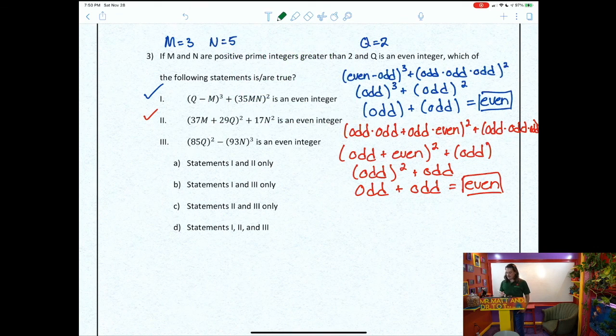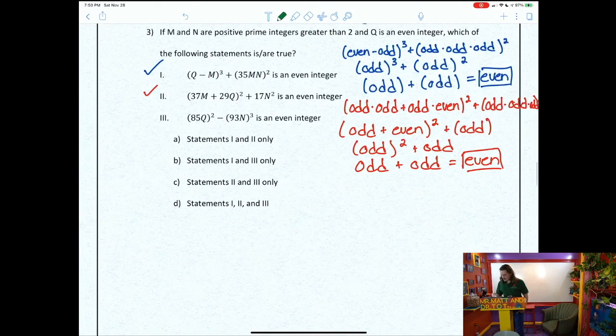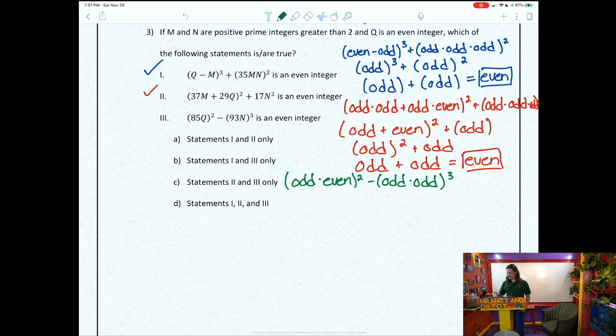Statement 3, 85, which is odd, times q, which is even, quantity squared, minus 93, which is odd, times n, which is odd, quantity cubed. An odd times an even is going to be even, so it's going to be an even squared, minus an odd times an odd, which is odd, so that's going to be an odd cubed.